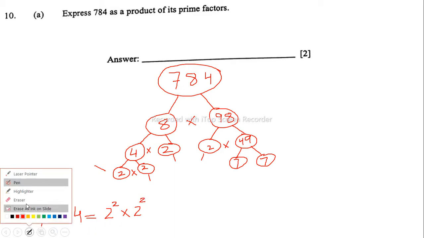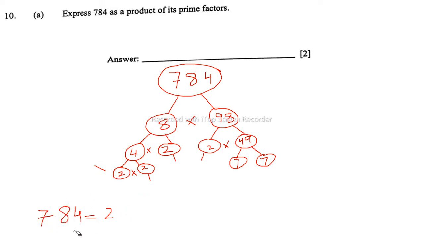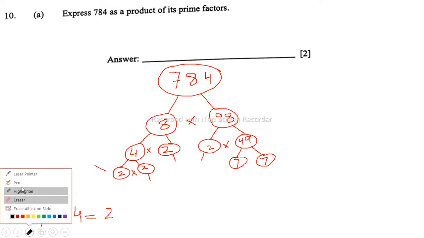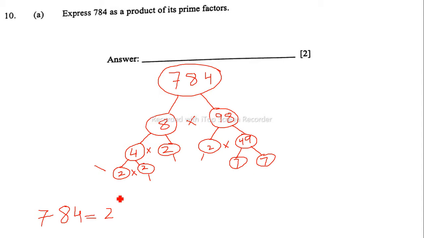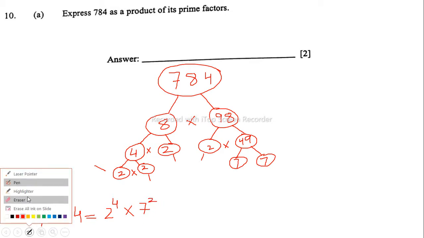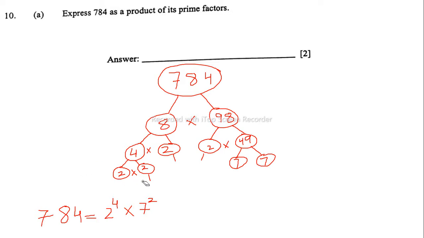Let's just write it as 2 to the 4th power, because it's four 2s. And then 7. How many 7s do we have? 2. So that's going to be 7 to the power of 2. Very good. Is that the index form? Yes, ma'am. Good. So 1, 2, 3, 4, 1, 2. Yeah, we're good.